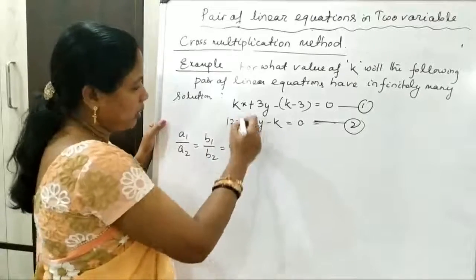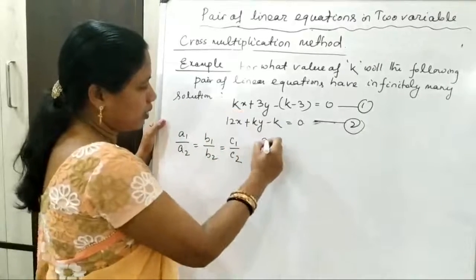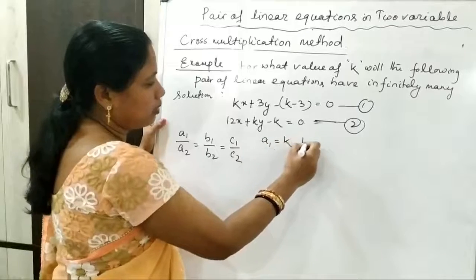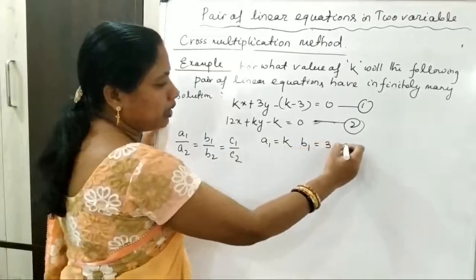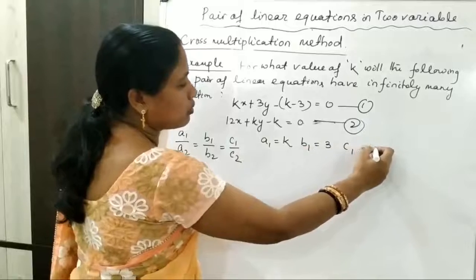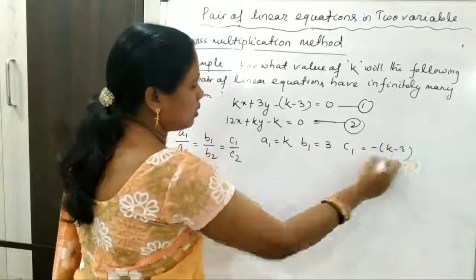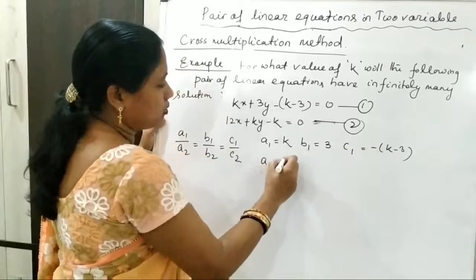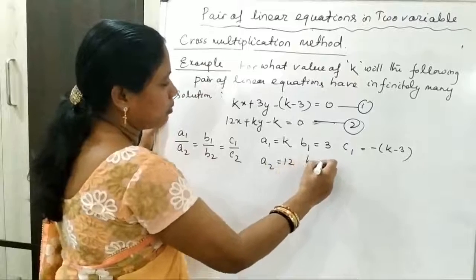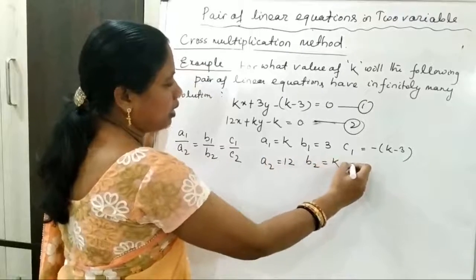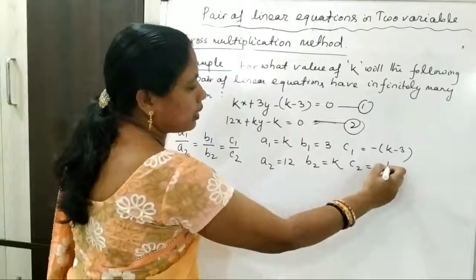So here A1 is equal to k, B1 is equal to 3 and C1 is equal to minus k minus 3. A2 is equal to 12, B2 is equal to k and C2 is equal to minus k.